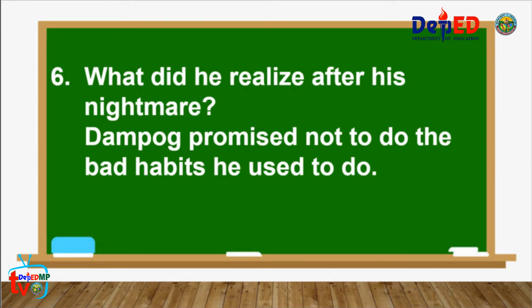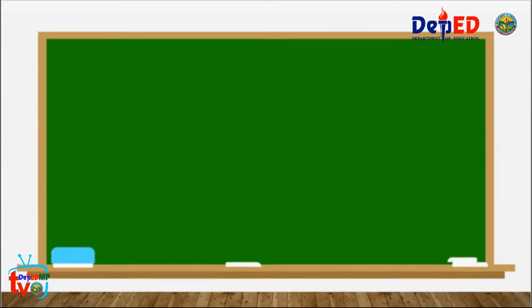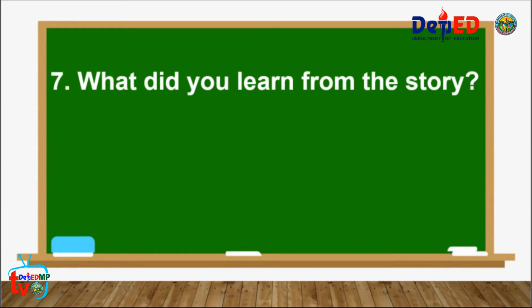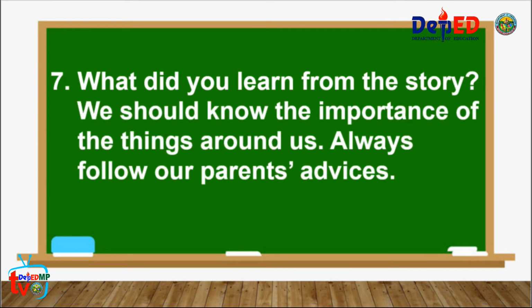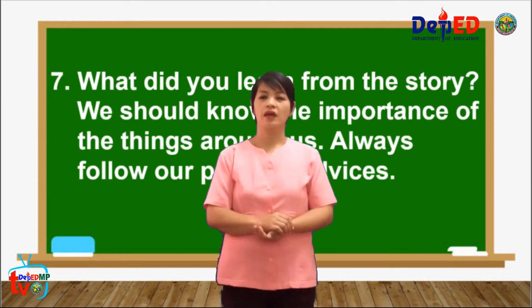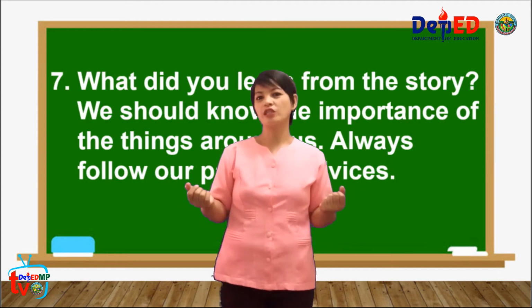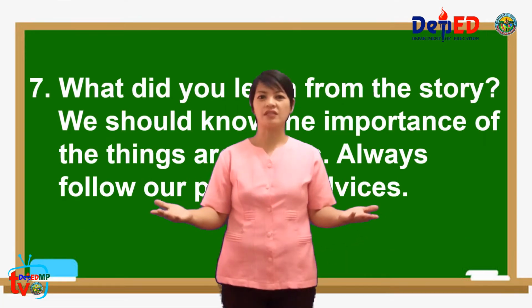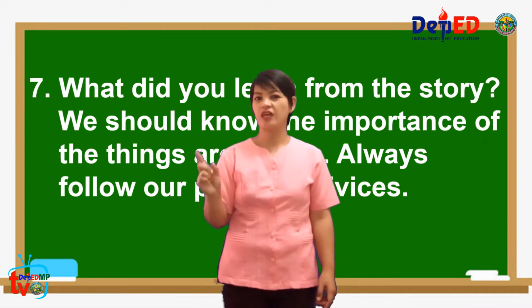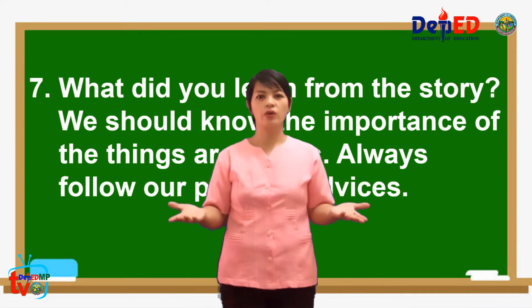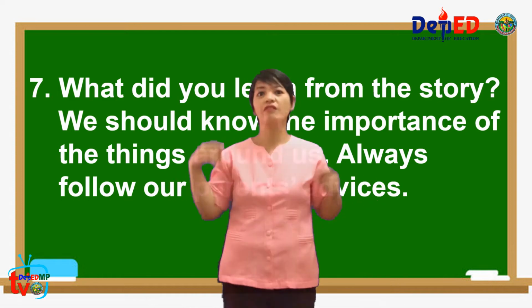Dampog promised not to do those bad habits anymore. Last question. What did you learn from the story? Very good! We should learn to value everything around us. It is never a good thing to waste everything now and feel sorry in the future.